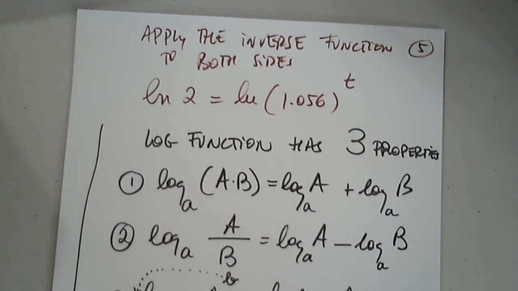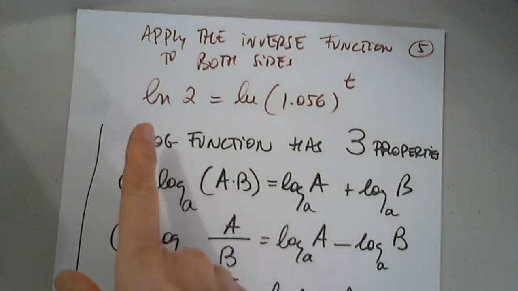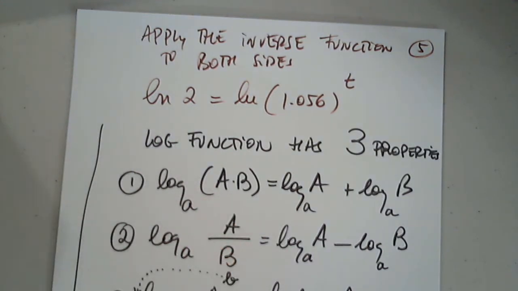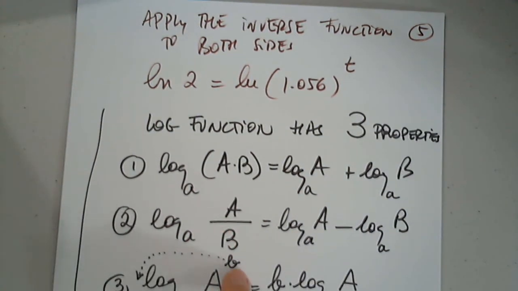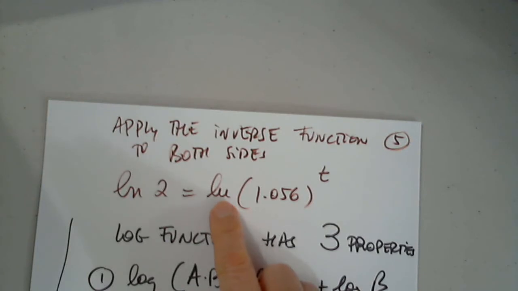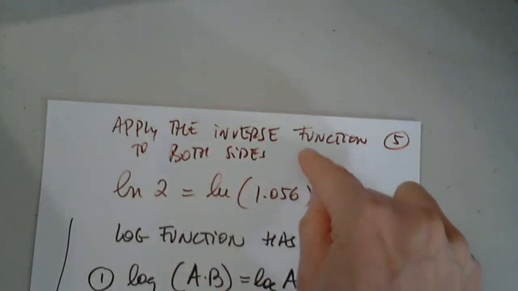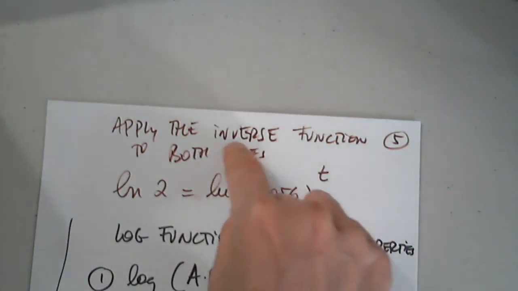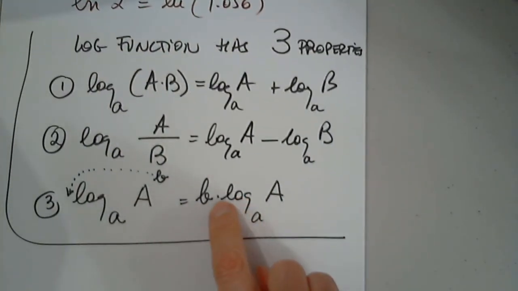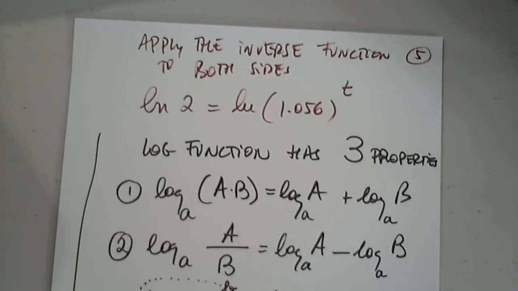There are other little properties, but these are the major ones. This is not our case because we're not applying log to a product or a ratio, but to a power. So every time I apply log to a power, the power goes in front as a factor, meaning it's multiplied. That's what we mean by a factor.